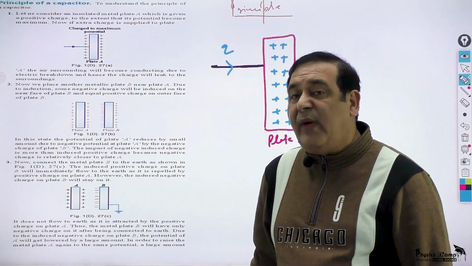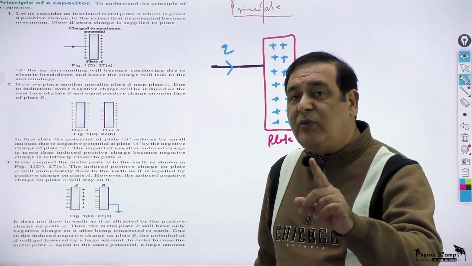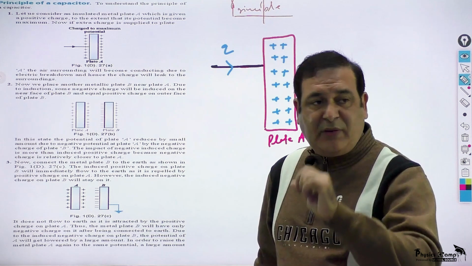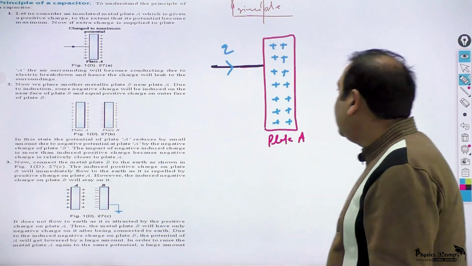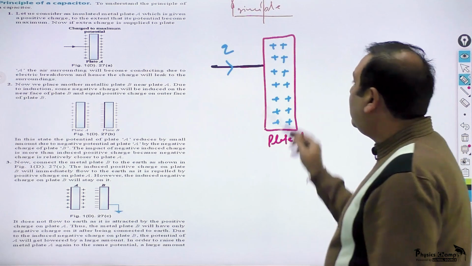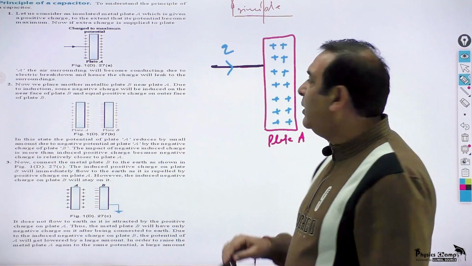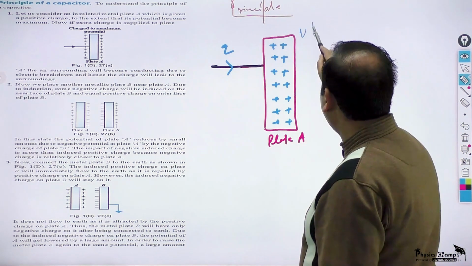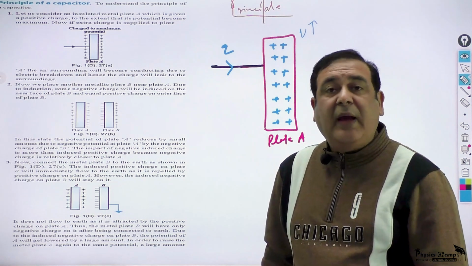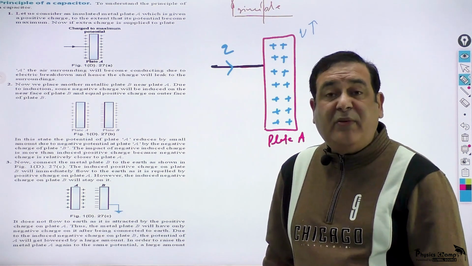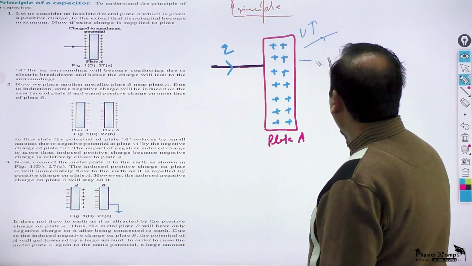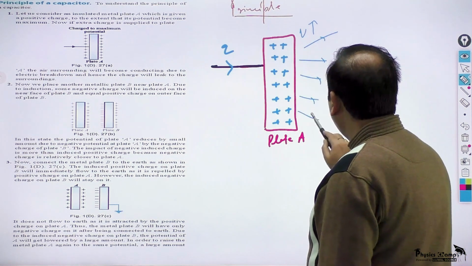But the fact is, there is a limit to the storage of charge, and that limit is because of the potential. As you develop the charge on this, its potential is rising. And when its potential is rising, then certainly the electric field around it is also gaining up.